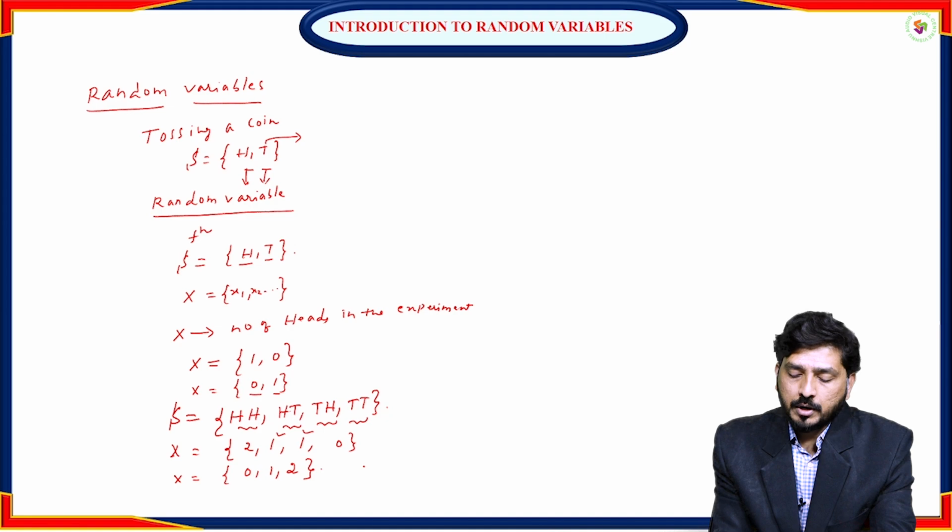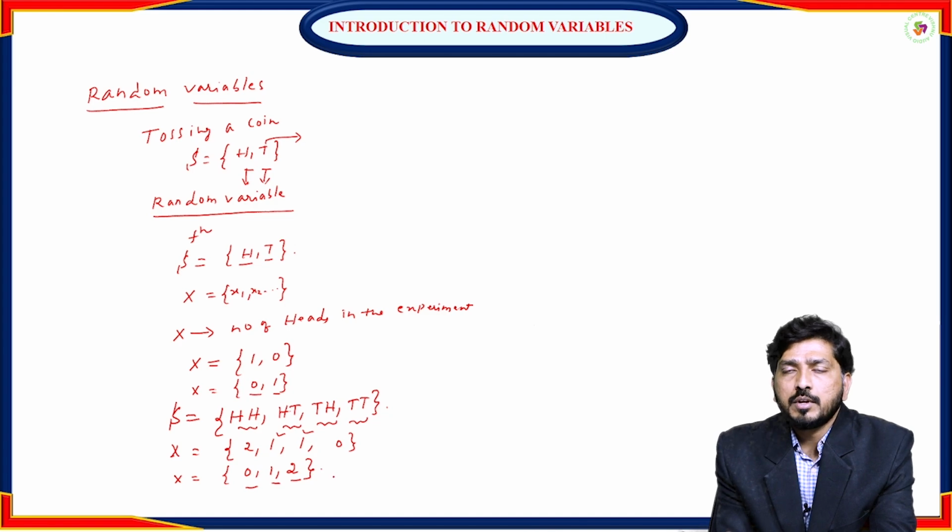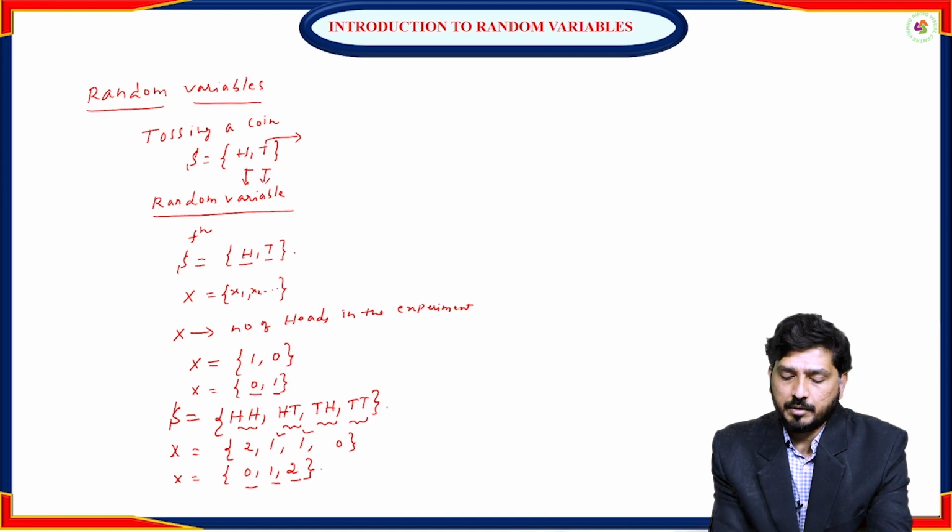Because of these numerical values, we are now able to give the behavior of the random experiment in which the outcomes are descriptive. If we have numerical values, it is easy to plot the graph, and from that graph we can extract the behavior of the random variable.